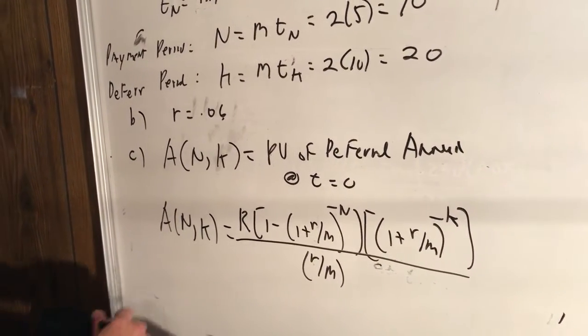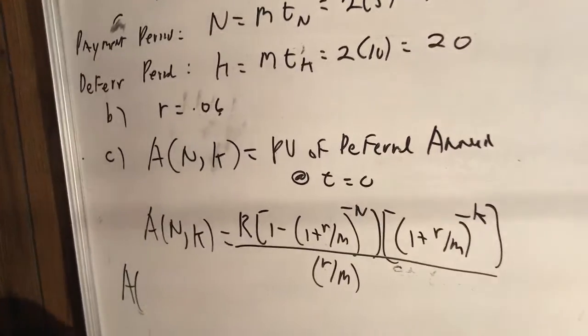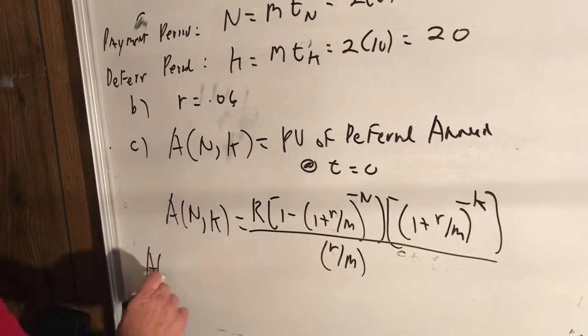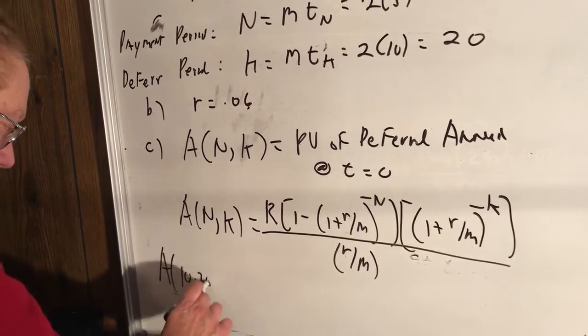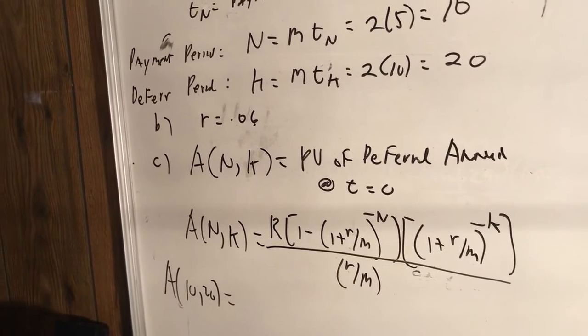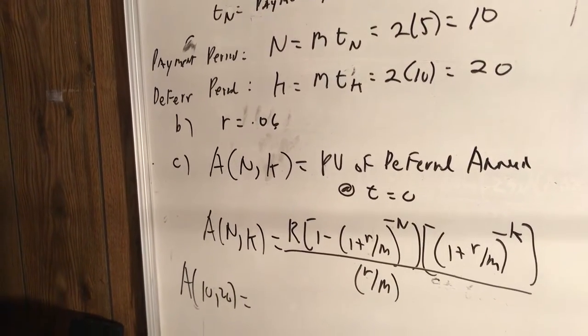All right, so in this case, what is our A and K? Our A and K is 10|20, right? And our R is, what is our R?